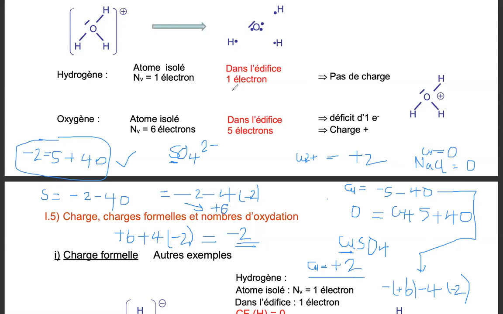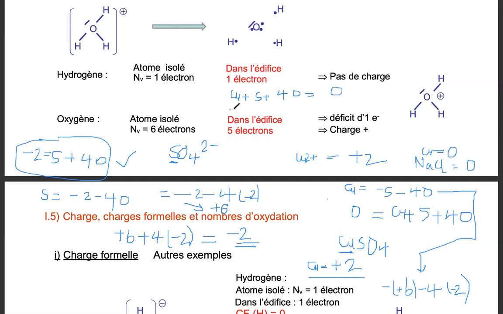So we are saying copper plus sulfur plus 4 oxygen, and we are supposed to have a unit charge of 0.